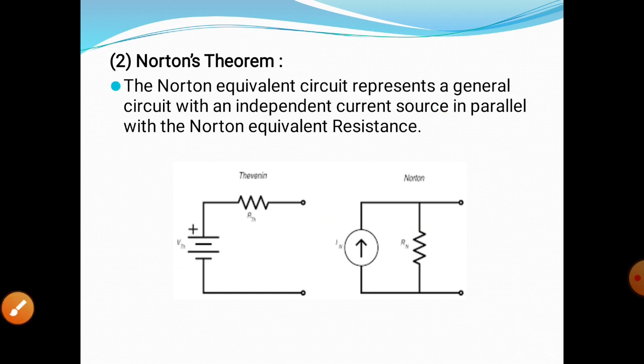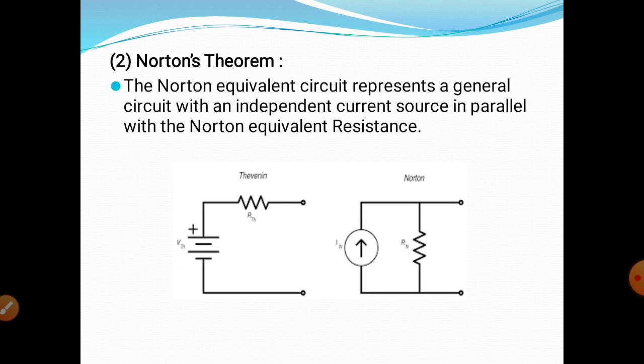In both Norton's theorem and Thevenin's theorem, we use the resistance looking back into the network from the load terminals, with all sources of EMF removed, leaving their internal resistance in the circuit. This is the main important point of the two theorems.